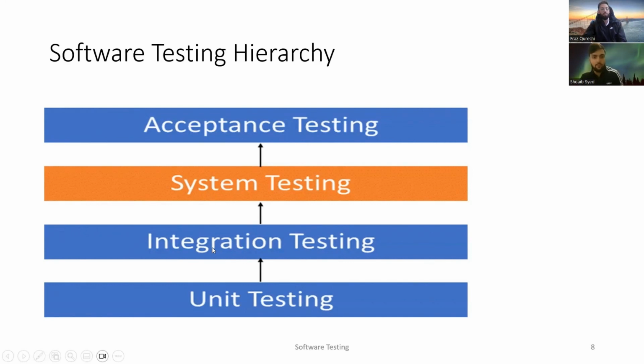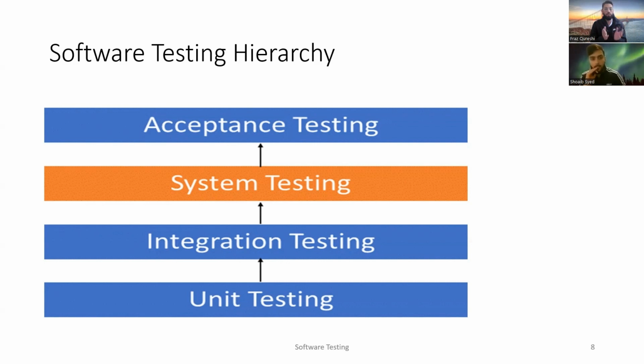Now, integration testing is, on the other hand, once one unit is developed, it needs to be integrated with the rest of the application, right? So integration testing tests the integration part of it. Again, we'll talk about the details later on.